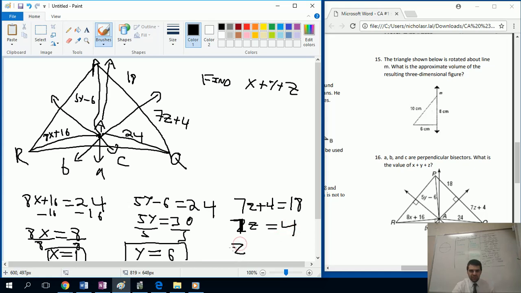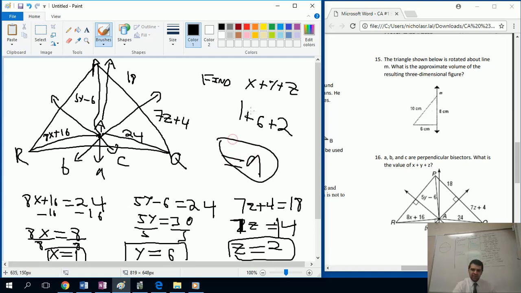So z, dividing each side by 7, is going to be equal to 2. So x is 1, y is 6, z is 2. So x plus y plus z is going to be 1 plus 6 plus 2. That's 1 plus 6 is 7 plus 2 is 9. So our answer here is going to be equal to 9. That's x plus y plus z. Alright, on to the next one.